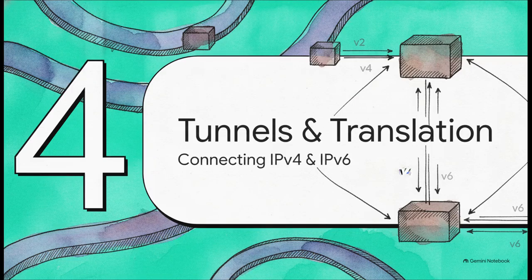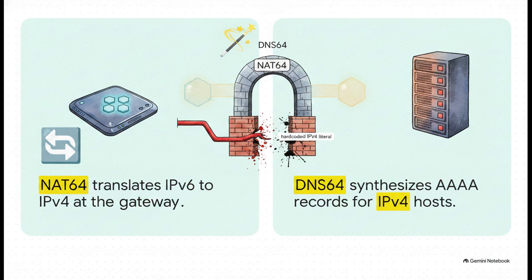Section 4. Tunnels and translation mechanisms. Let's transition over to the edge cases and middle boxes, those messy spots where IPv4 and IPv6 are forced to interact. Because, let's be real, a pure IPv6 world is still a work in progress. When an IPv6-only client needs to talk to an IPv4-only server, we usually rely on NAT64 and DNS64 working together.